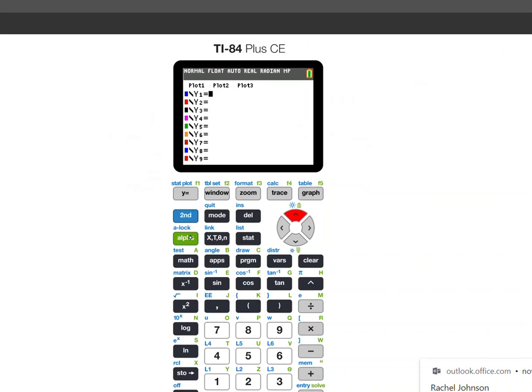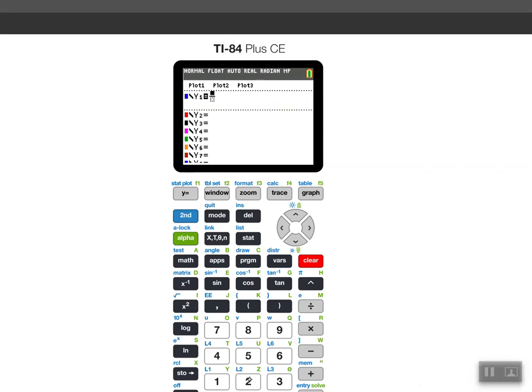If we go to our graphing calculator, we are going to plug in our function: alpha y equals, enter, and we will type in 2x squared plus 7x plus 3 down to type x plus 3.